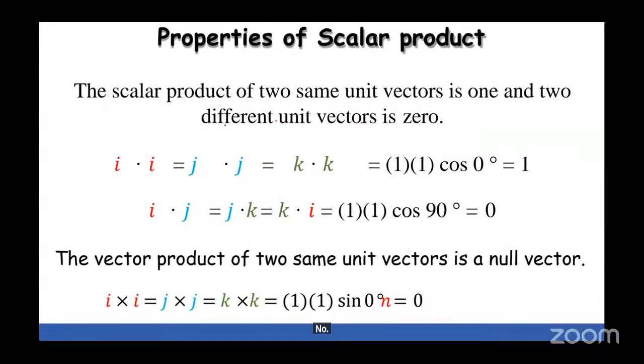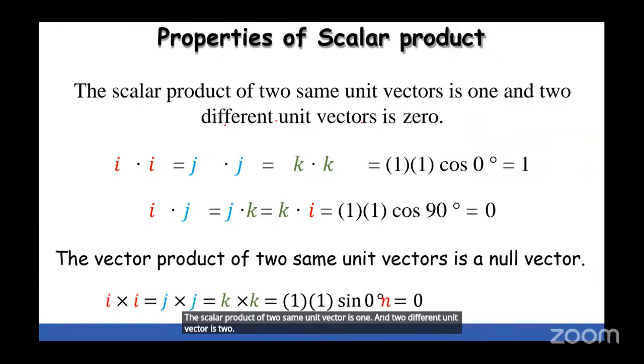Now, also note that the scalar product of two same unit vectors is 1, and of two different unit vectors is 0.